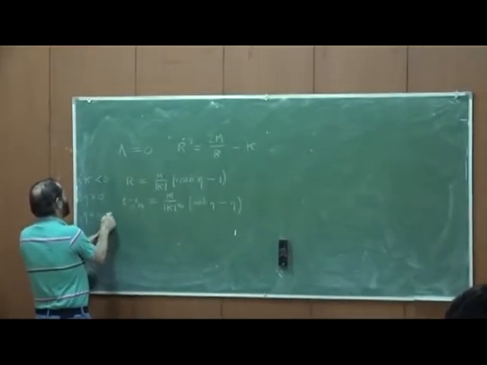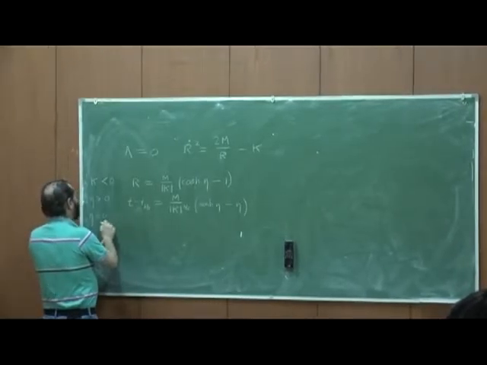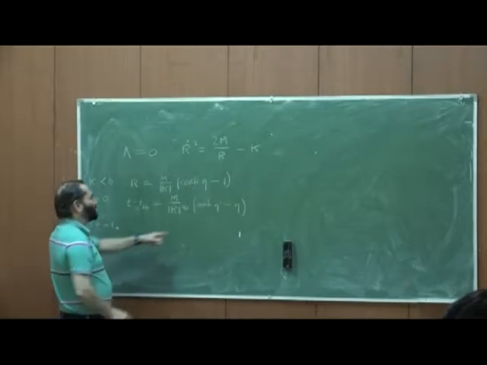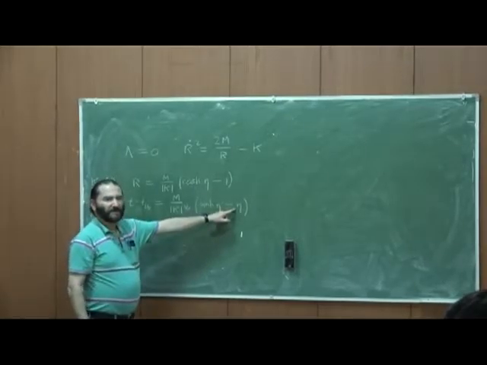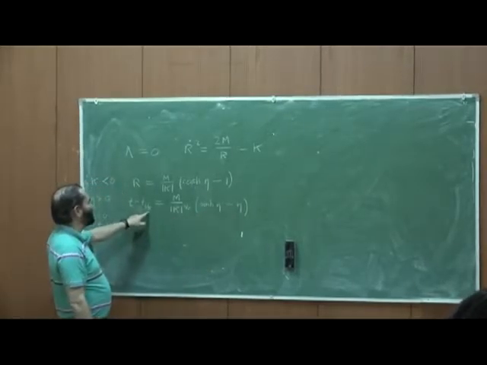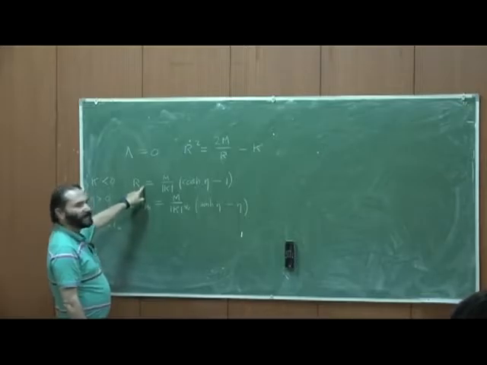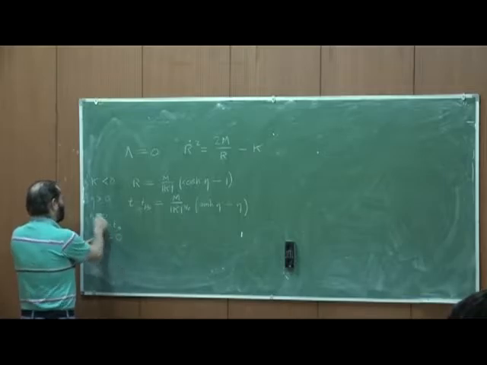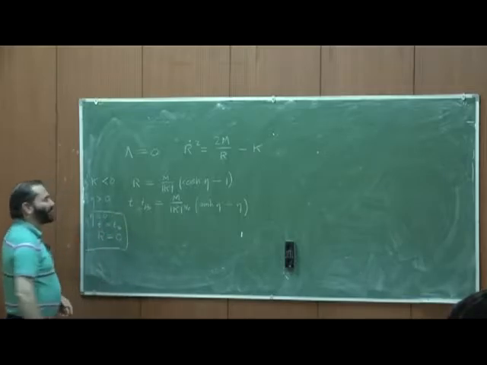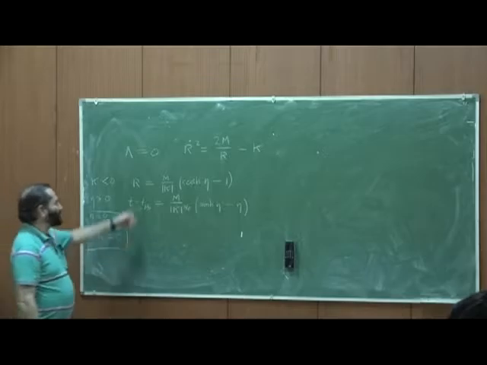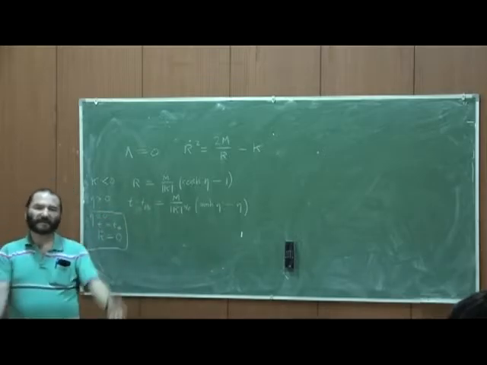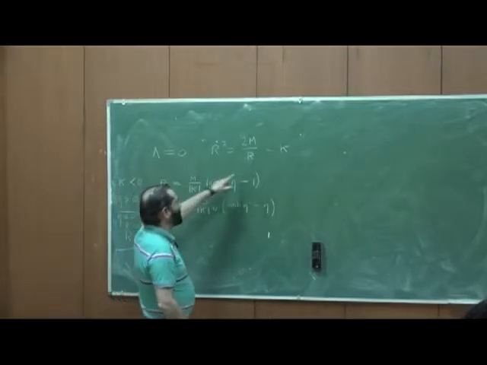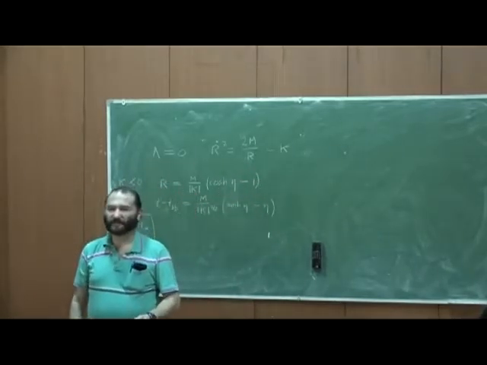Eta equals 0 corresponds to Big Bang. If you set eta equals 0 here, then T equals T Big Bang, and you can show that R is 0. These are the hyperbolic models that expand perpetually, and their terminal velocity is positive.